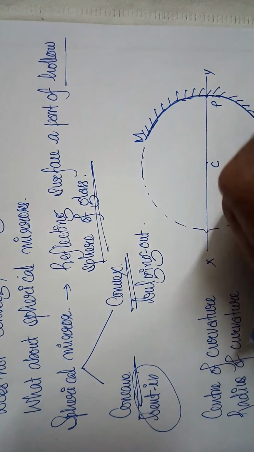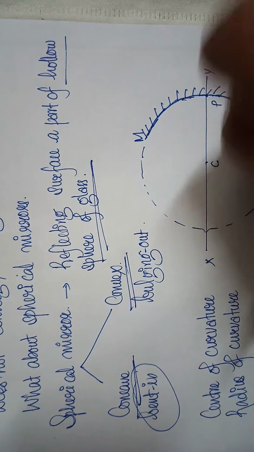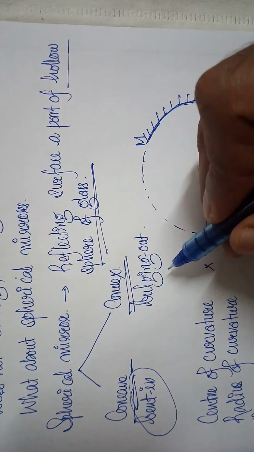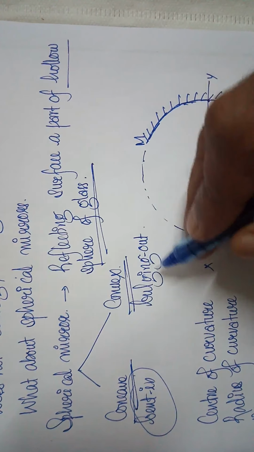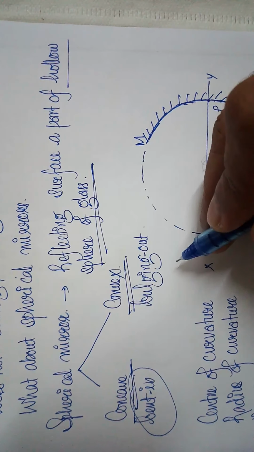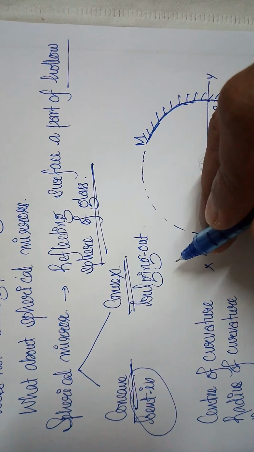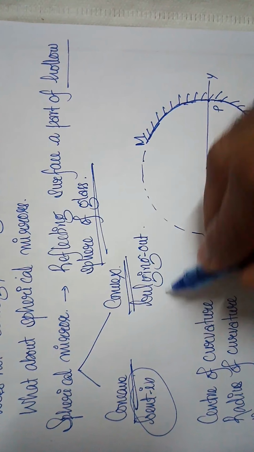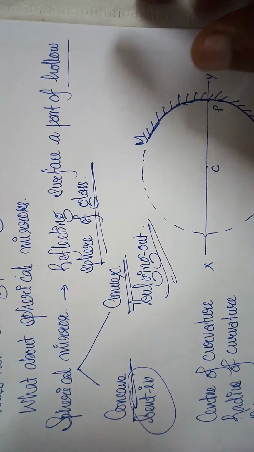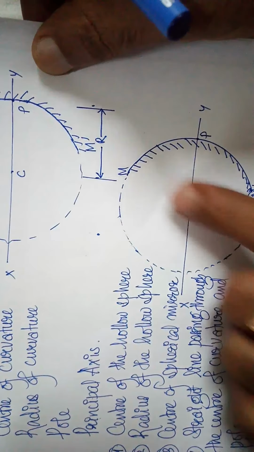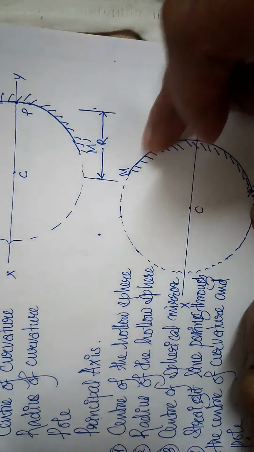A convex mirror is that spherical mirror in which the reflection takes place at the convex surface, or bulging out surface, like this one, the outward side.